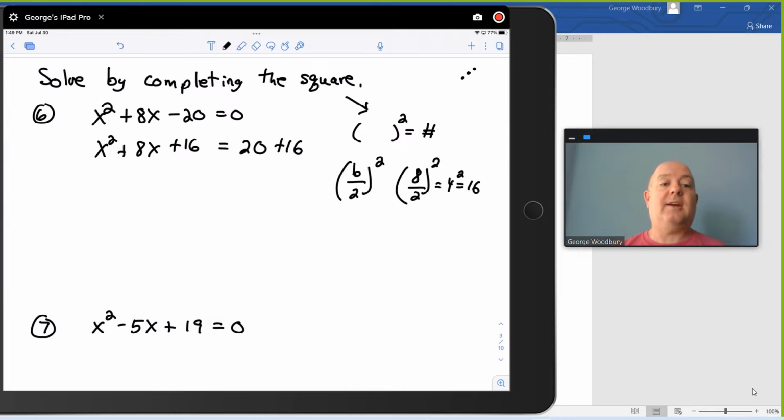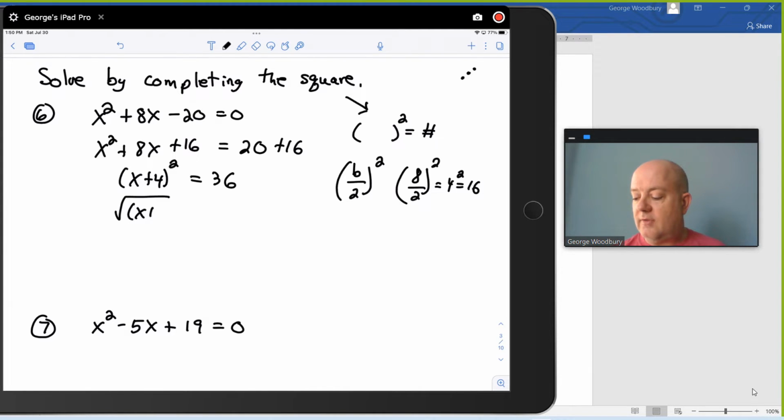X squared plus 8x plus 16 factors to be x plus 4 times x plus 4, or simply x plus 4 squared. The right side, 20 plus 16 is 36. Now we can solve by the square root property. Take the square root of the left side, the square root of x plus 4 quantity squared, equals plus or minus the square root of 36. The left side simplifies to be x plus 4.